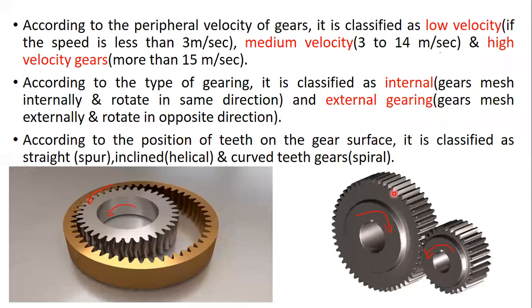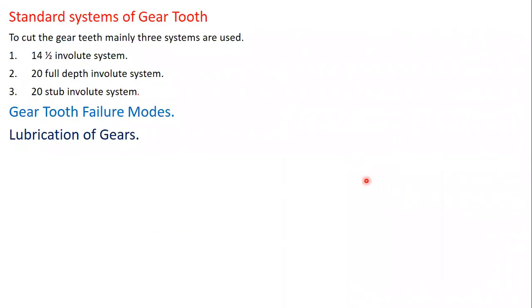Here, this is the root of the teeth, and it will be stronger than the 14.5 degree involute system. This increment in pressure angle is going to reduce the number of teeth required to avoid the interference. This is about the 20 degree full depth involute system.